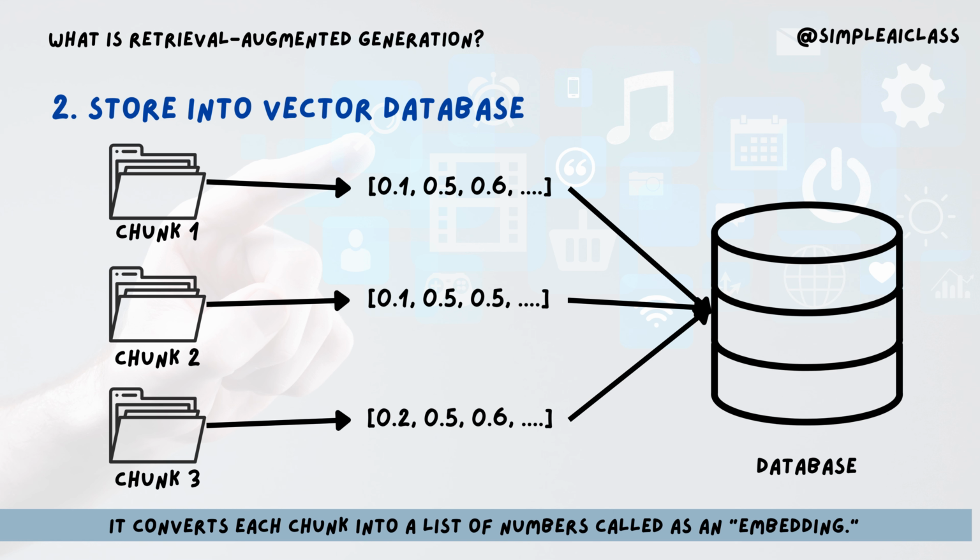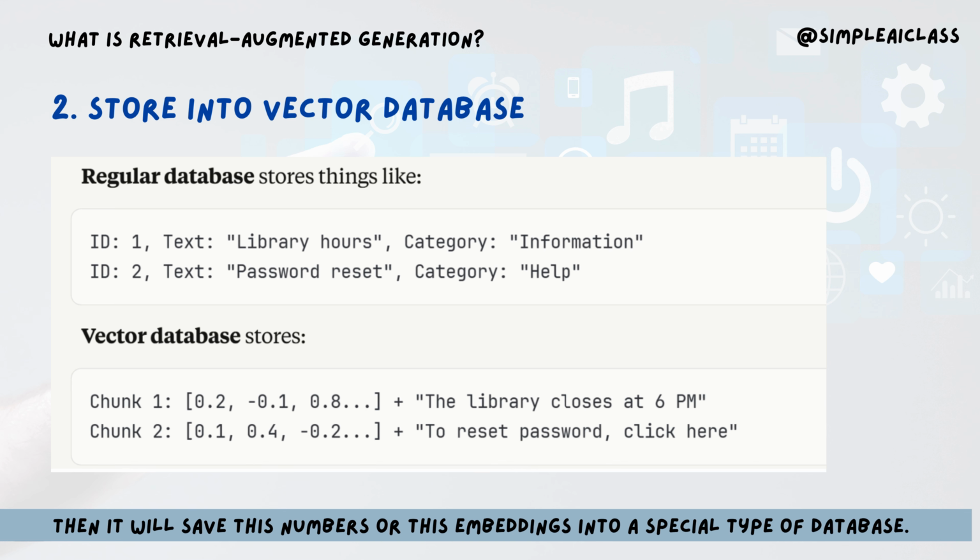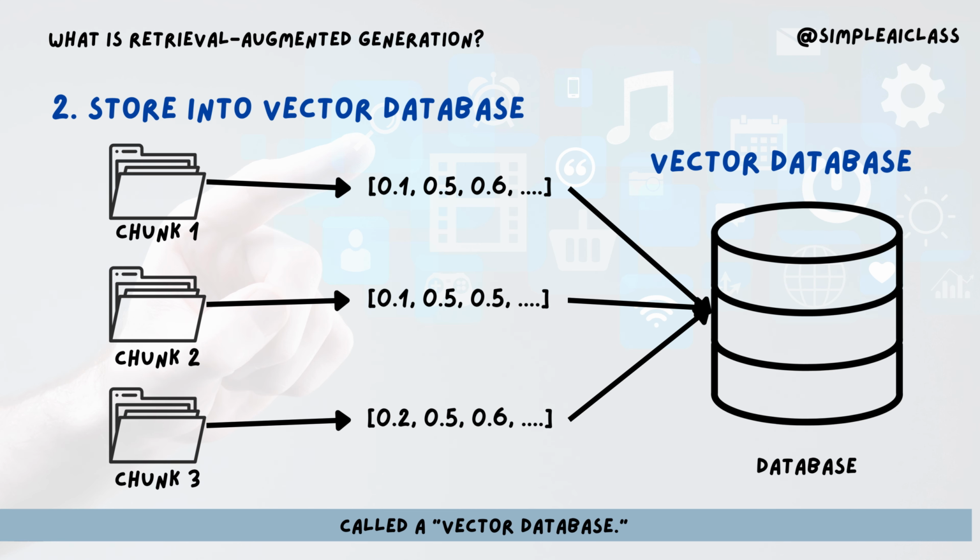It converts each chunk into a list of numbers called an embedding. The original chunk, for example, the library closes at 6 p.m. on weekdays, becomes numbers, hundreds of numbers. Then, it will save these numbers, or this embedding, into a special type of database called a vector database.